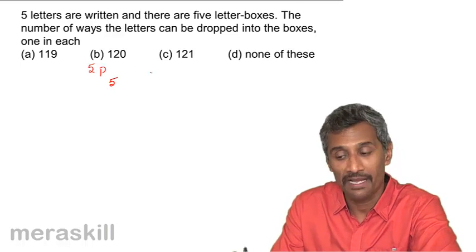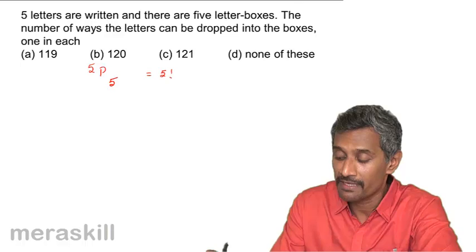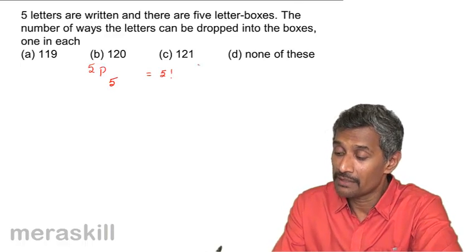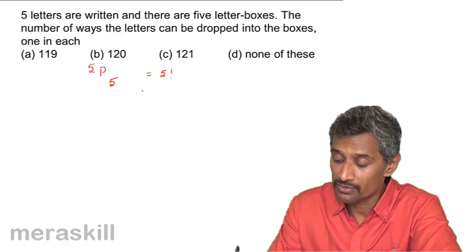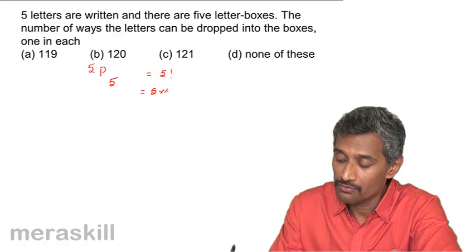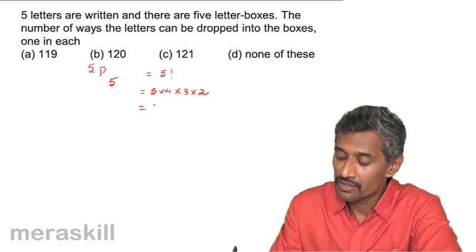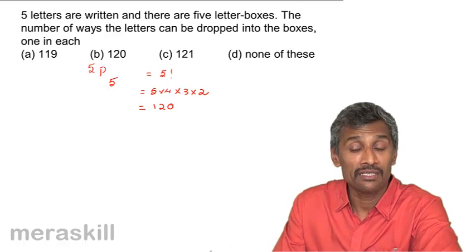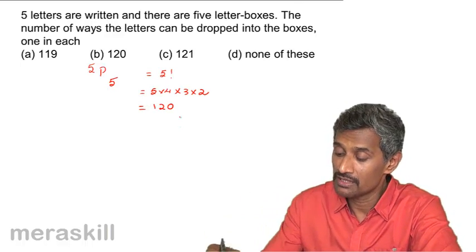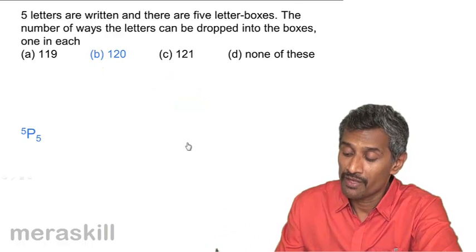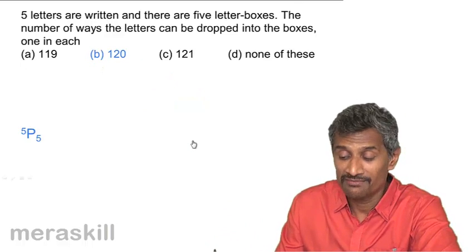So it's going to be 5p5, which is 5 factorial ways in which they can be dropped into the various boxes. So it's going to be 5 into 4 into 3 into 2, which is turning out to be 120. And this is the answer, and we do have it that way.